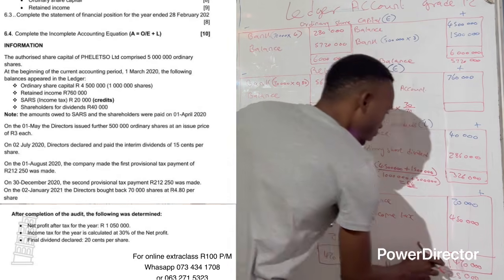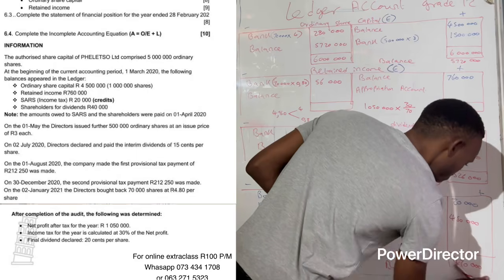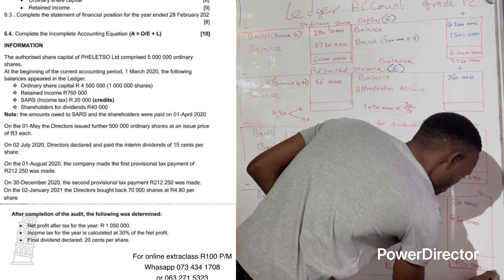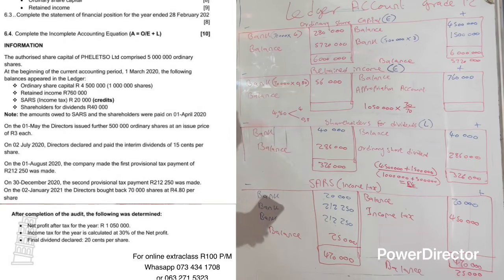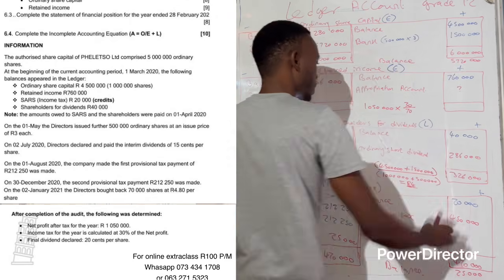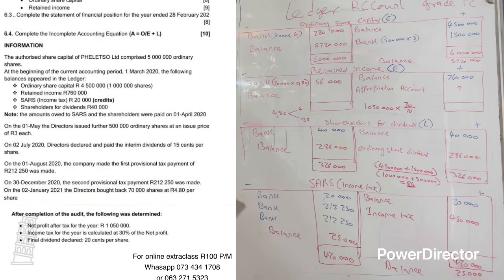Now, I think now it's better. We have completed all the accounts, I mean the ones that we drafted here, but we still have this one that needs to be completed. Guys, I think the one that I can remove here, because we still have to do SARS income tax.